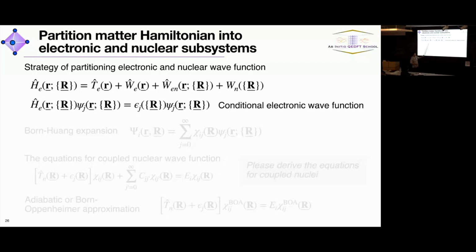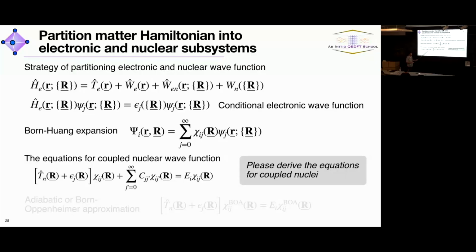We can use this basis set to expand the original total wave function. Then you plug this total wave function back into the original Hamiltonian, which has a nuclear kinetic energy operator, and once you plug it in, you can do the easy math to get this.